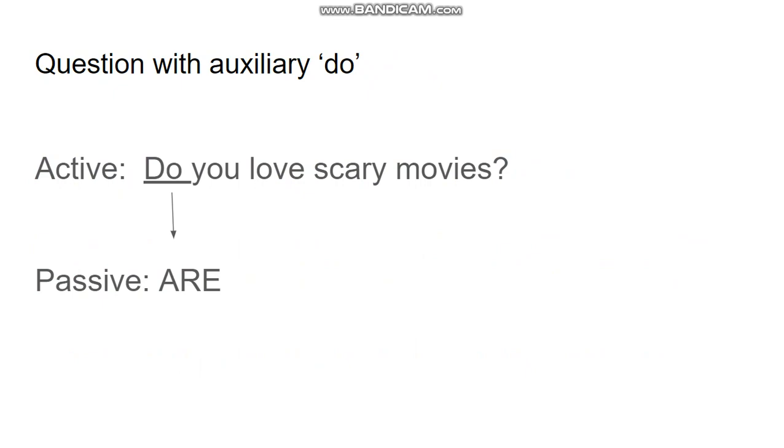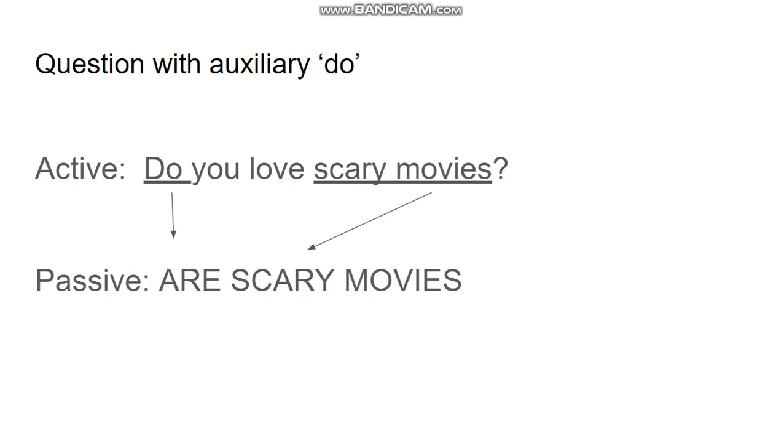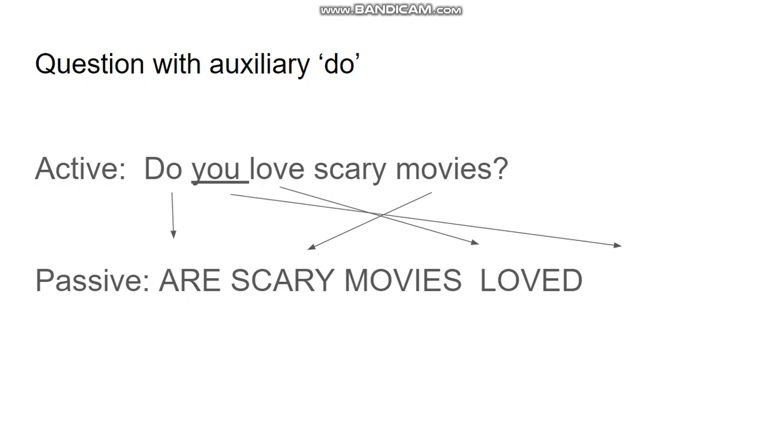It's going to be are because our subject will become scary movies, as that's the direct object of our active sentence, are scary movies. Then comes the main verb, that's love, and love we need a past participle once again, and that's loved. And then we need somebody who does it expressed using by you. It's as easy as that.